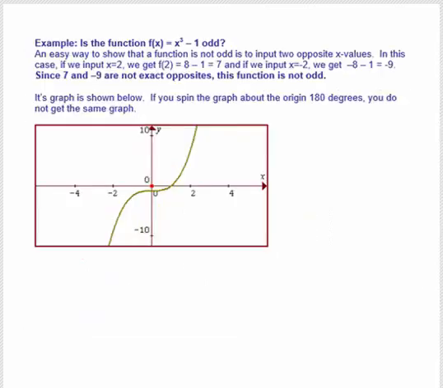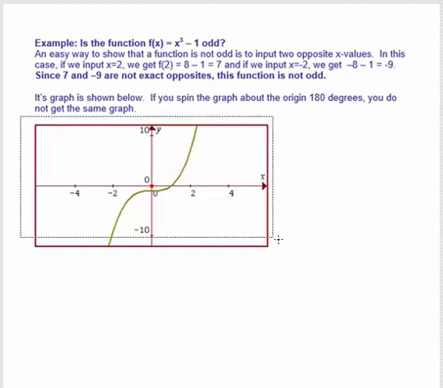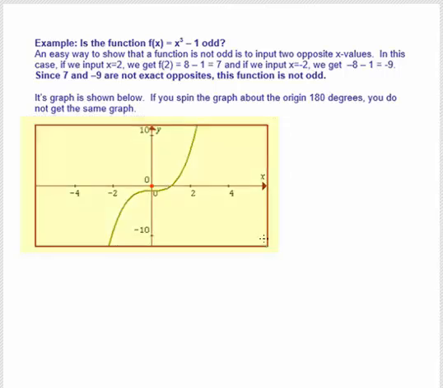And here's an example where we determine whether f of x equal x cubed minus 1 is odd or not. Well, the first thing we can do is look at its graph. If we have its graph available, we do have the graph, it's x cubed shifted down 1. Is there any way that we can rotate that about the origin and get the same graph? Well, the answer is no, we can't. Another way to tell if a function is odd is to plug in two opposite values.